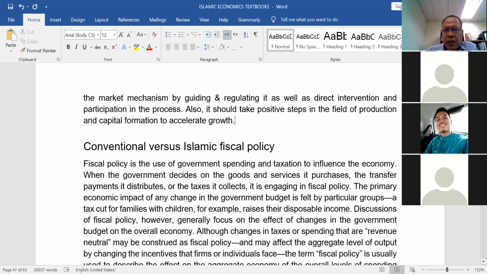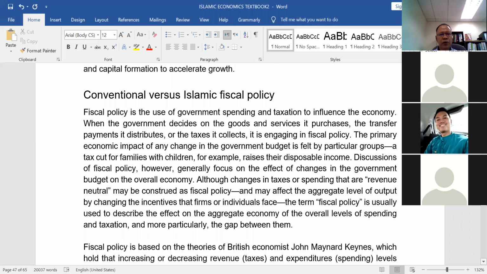Although changes in taxes or spending that are revenue neutral may be construed as fiscal policy, it may affect the aggregate level of output by changing the incentives that firms or individuals face. So the term fiscal policy is usually used to describe the effect on the aggregate economy of the overall level of spending and taxation, and more particularly the gap between them.